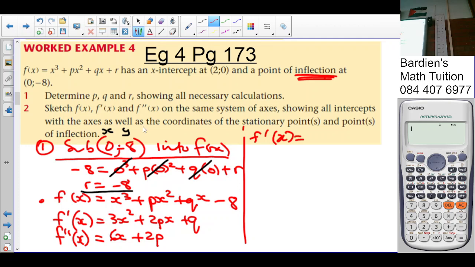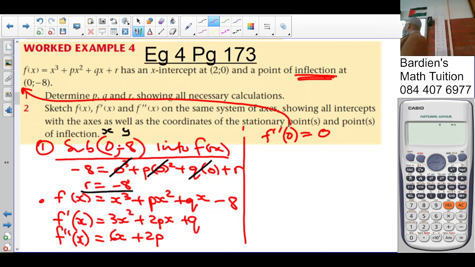Can you see that? So in other words, f double prime of 0 is 0. Where do I get this 0? I get that 0 from there. That -8 doesn't affect the equation that I'm busy with here.